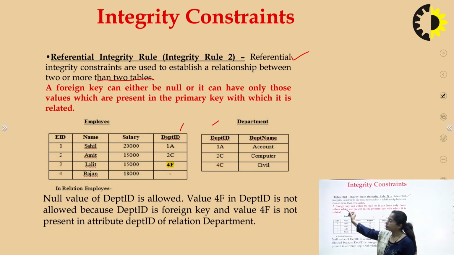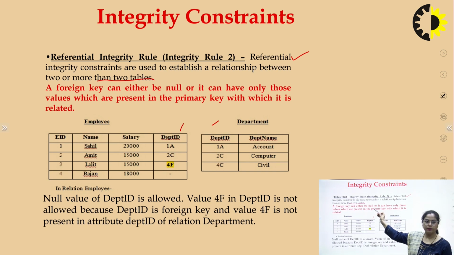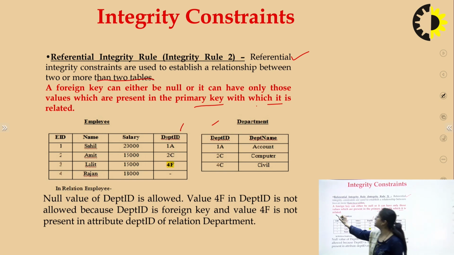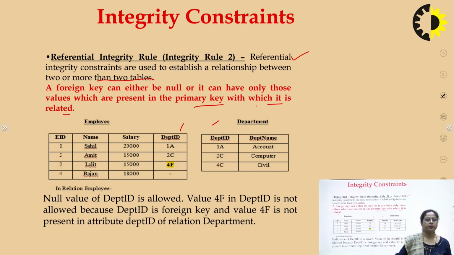What are these constraints? The foreign key can either be null or it can have only those values which are present in the primary key with which it is related.